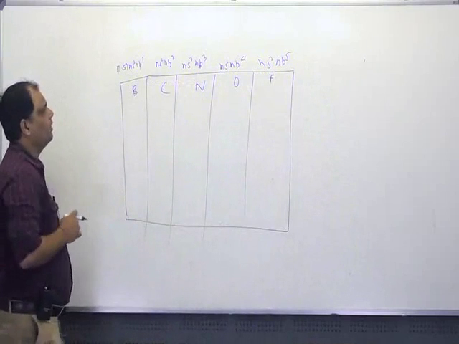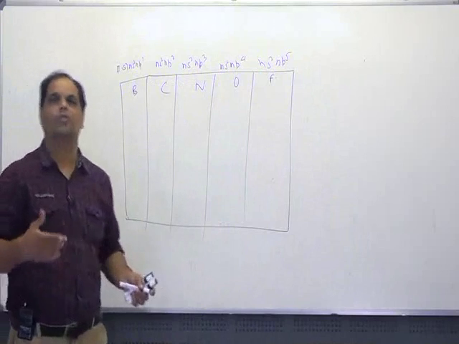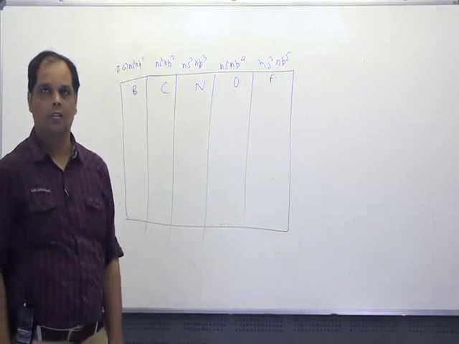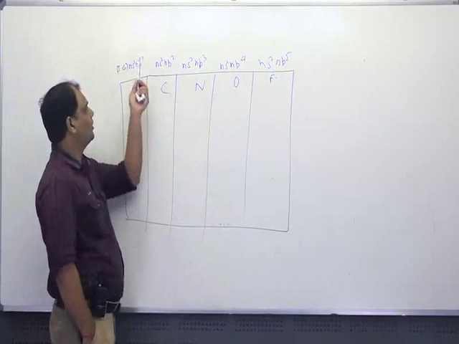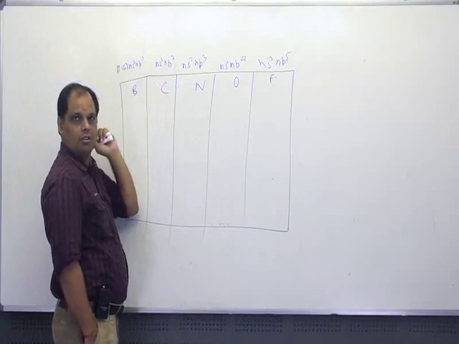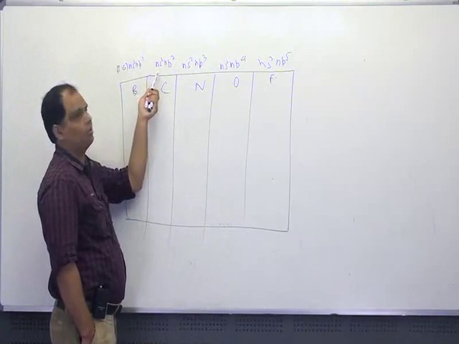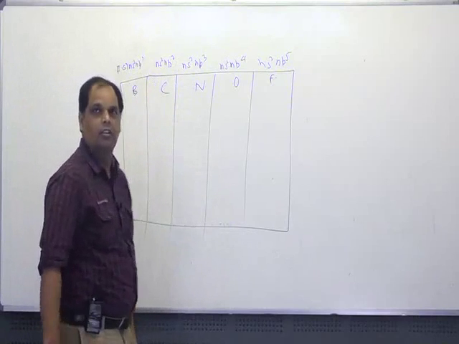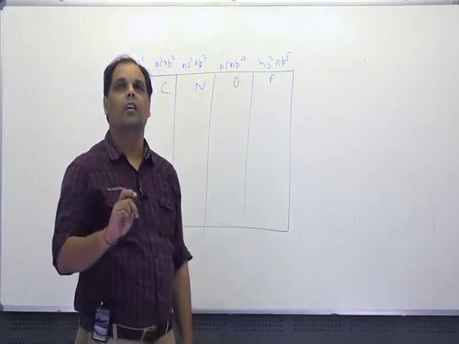Now in case of p block elements, there are some metalloids and metals, and metalloids and metals tend to form cations. In this case, first the electrons present in p subshells are lost, and then the electrons present in s subshell are lost. Just listen.